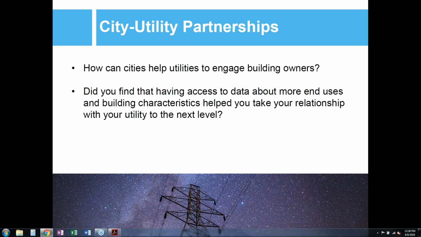So getting to your question, we have found that having access to the end uses is helpful. This is from our Local Law 87, our energy auditing and retro-commissioning data.